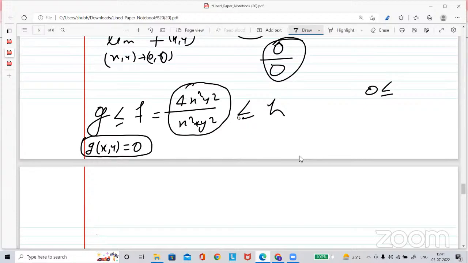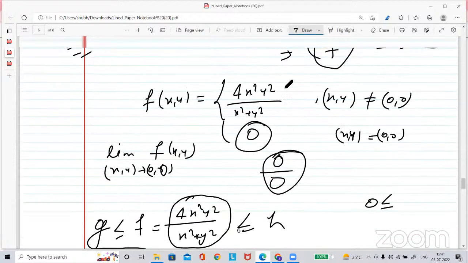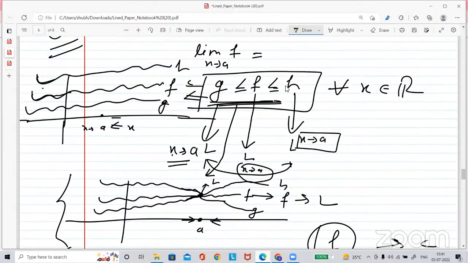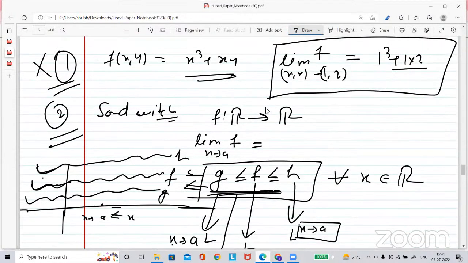We can assume. So I just told you this for one variable. The same definition, there is no difference, will work for multivariable also. So let me write it also. I just started doing the question.